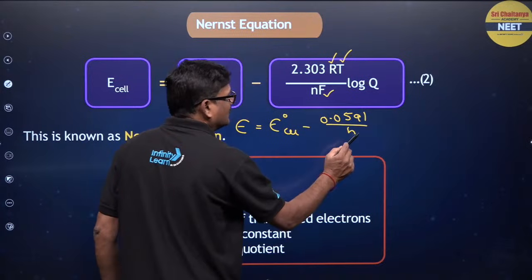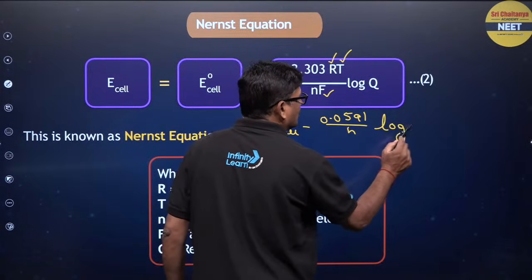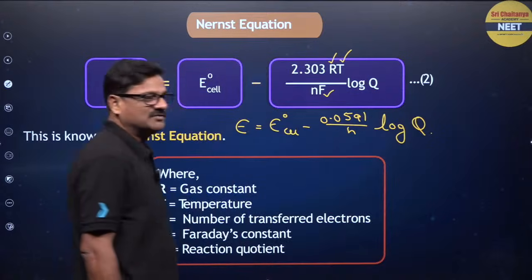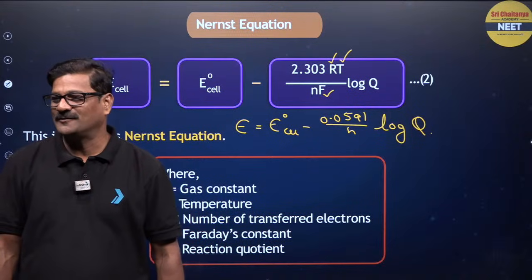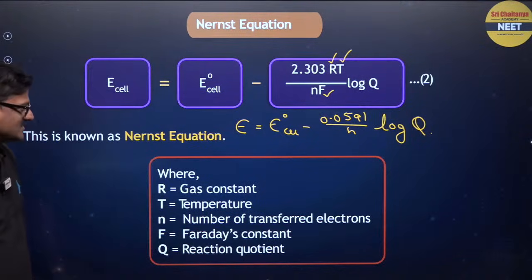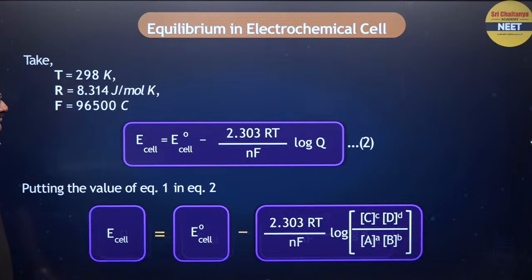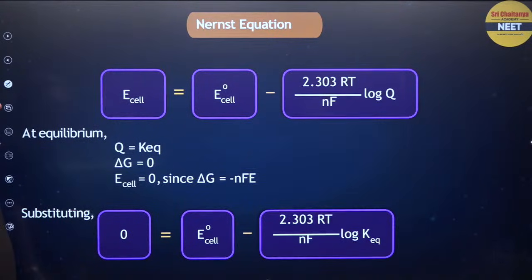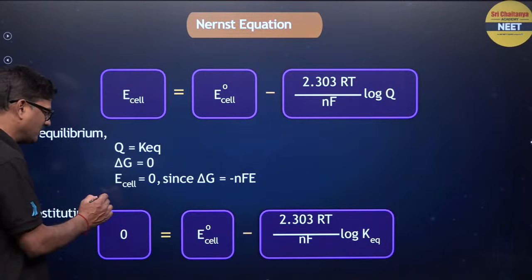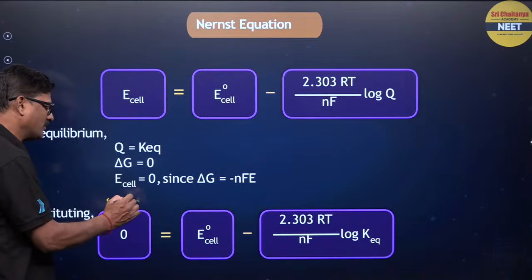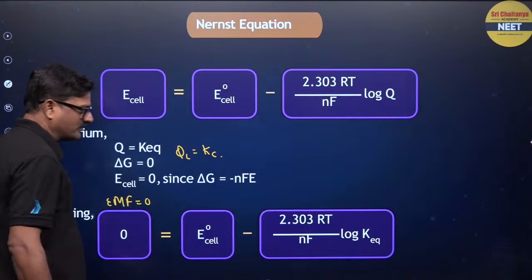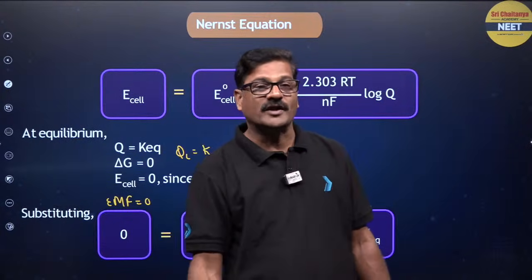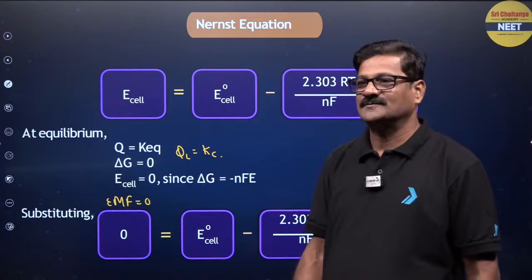If the reaction is at equilibrium, Q is going to be Kc. Any doubt? You just ask us. At equilibrium, EMF is going to be 0 and Q is going to be Kc. From there you can calculate E naught cell, you can calculate Kc as well, right?